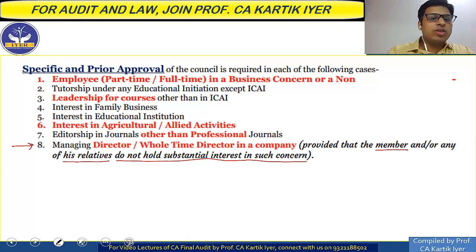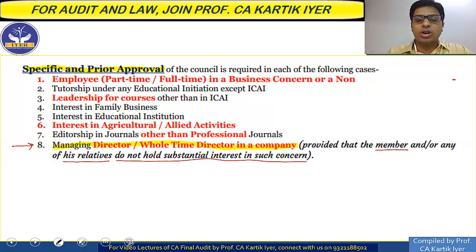Now in clause 11, as you know, we have to take specific and prior approval in relation to some areas. So there is a specific point on managing director, whole-time director in a company. So if I am already an auditor, and if I get a chance to be the managing director, whole-time director in a company, can I do this? I'm not the auditor, basically. I'm a CA firm. I'm a CA in practice. So can I become the managing director, whole-time director in a company?